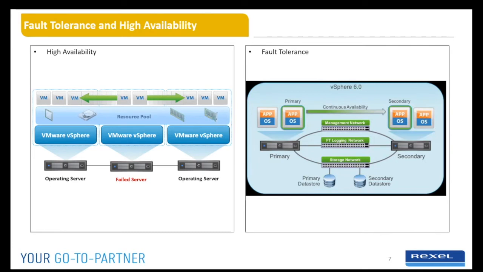On the right-hand side, we see fault tolerance. And there are two different types of fault tolerance, which we'll talk about both software and hardware. In either case, the virtual machines are replicated across the two different hosts running the same application at the same time. In this instance, if one host fails, from a software fault tolerance side, the user might see a slight delay while the software does its magic behind the scenes to determine, is this host really down and do I need to transfer processing?